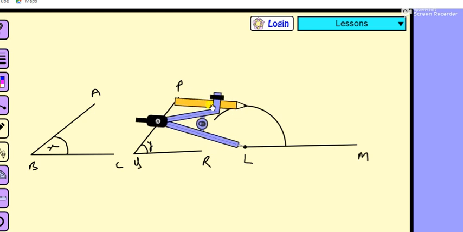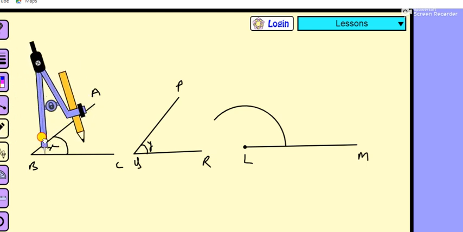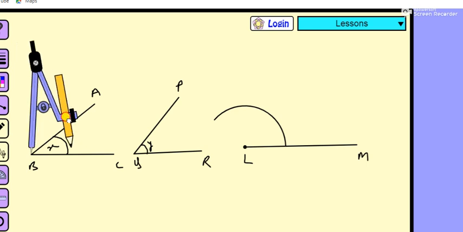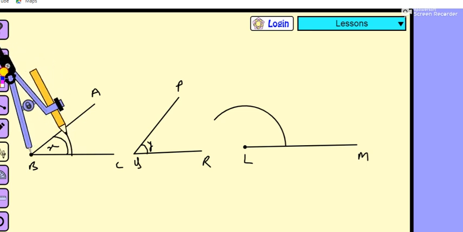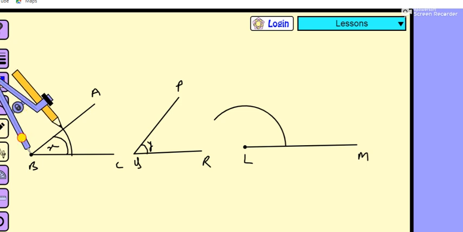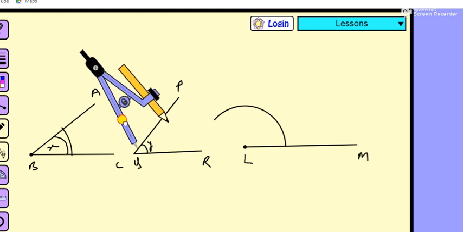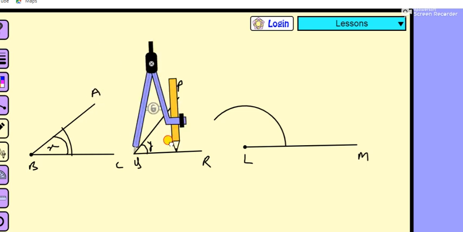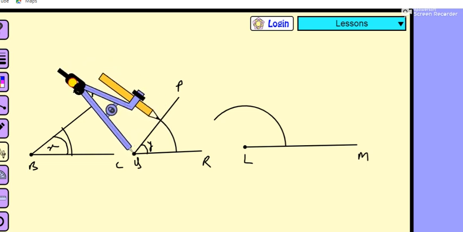Now come to the second one; the first is here. Now take the compass like this at B. That point is B, and put the pencil here and make an arc like this. Also from here at Q make an arc with the same distance.